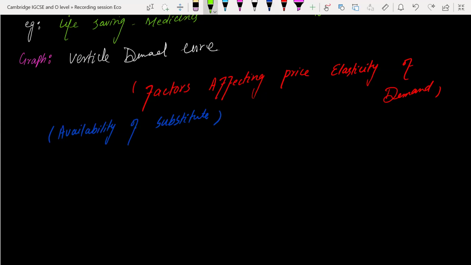When there are more substitutes, demand will be more elastic.